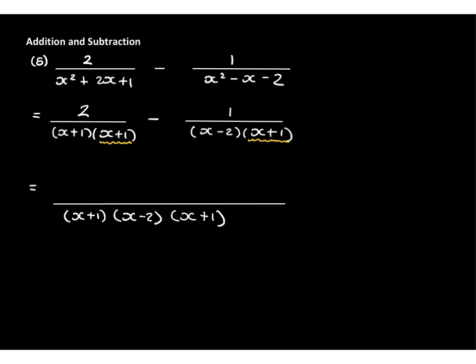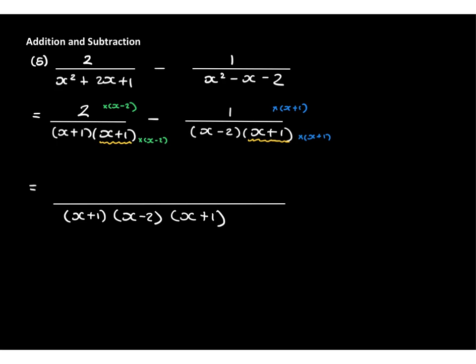Now, the fraction on the left-hand side is gaining an x minus 2, so we must multiply by x minus 2 in both the numerator and the denominator, and on the right-hand side we are gaining an additional x plus 1 here and here.